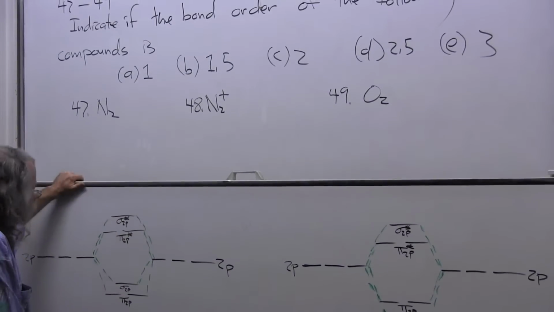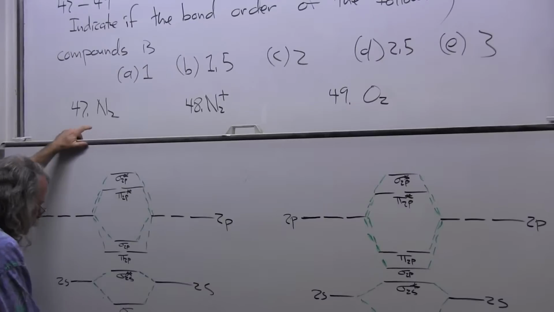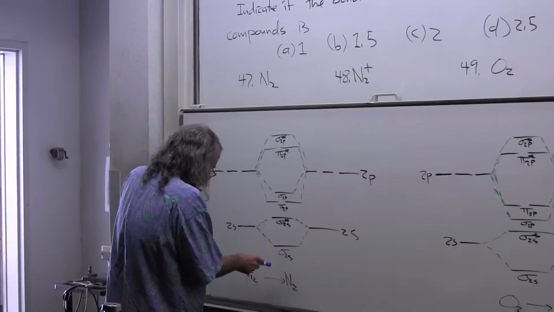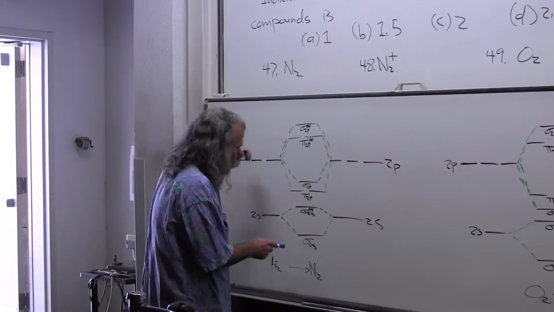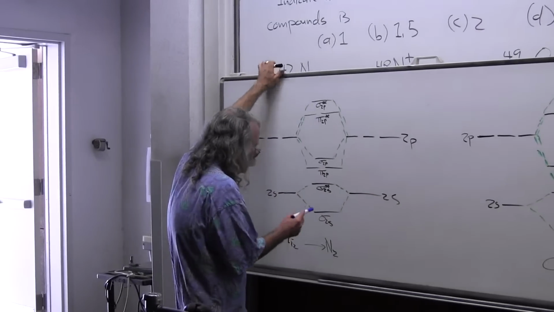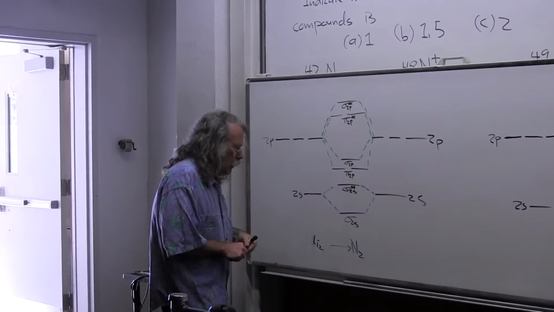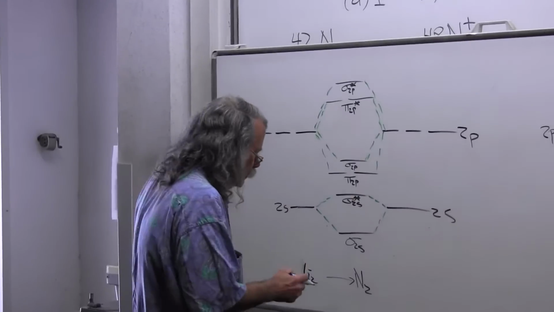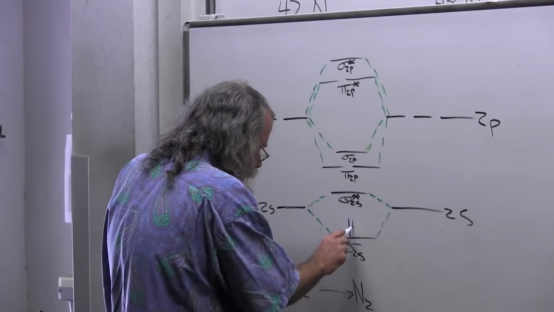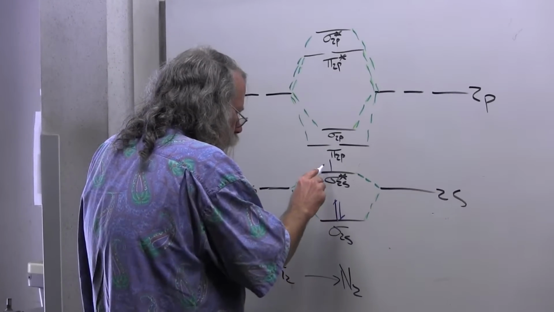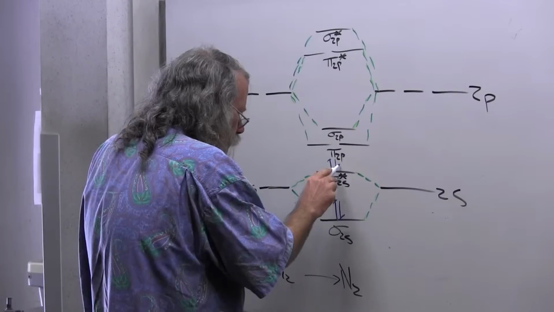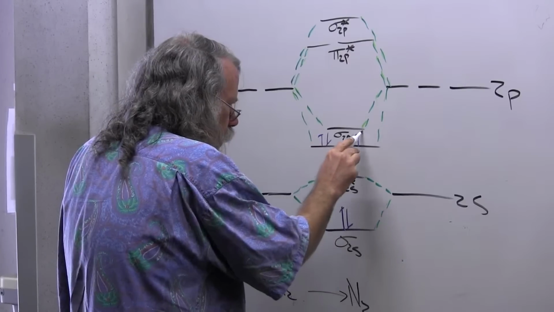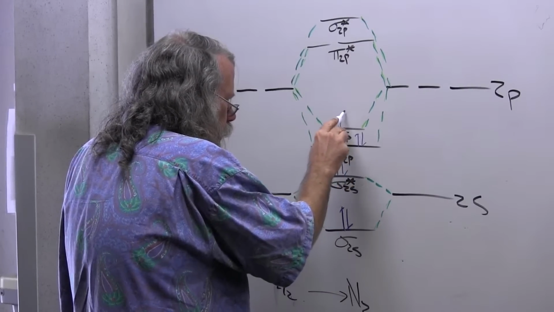And so now let's look at nitrogen. For lithium through nitrogen, I have this ordering of the molecular orbitals. So let's go place the electrons in. I have 5 electrons from each nitrogen, so that gives me 10 electrons I'm going to place into these orbitals. And I'm going to follow Hund's rule: 2, 3, 4, 5, 6, 7, 8, 9, 10.